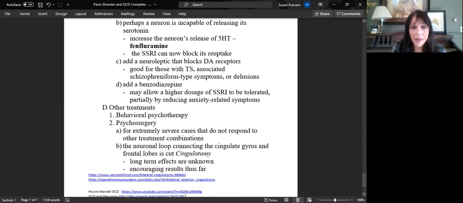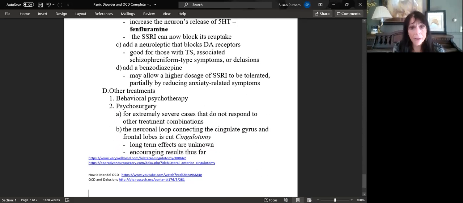Other treatments include behavioral psychotherapy. And again, just as I pointed out in other disorders, sometimes you need to start working with drug treatments before you can get to the place of utilizing this behavioral psychotherapy. Sometimes not. And secondly, this is not for most people, psychosurgery.